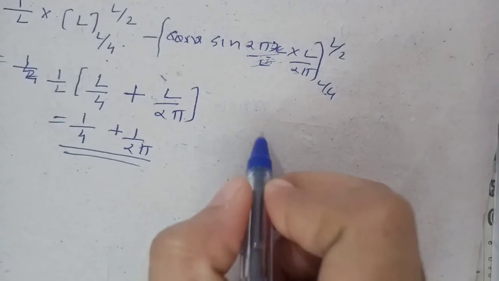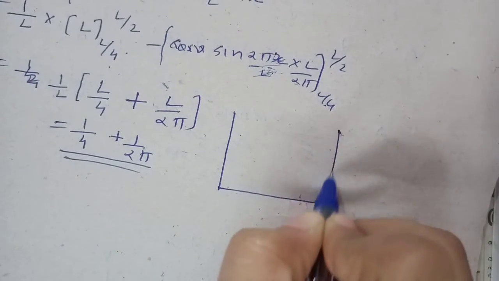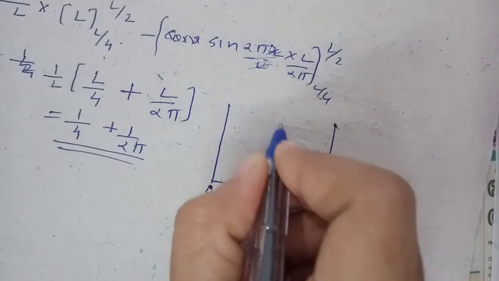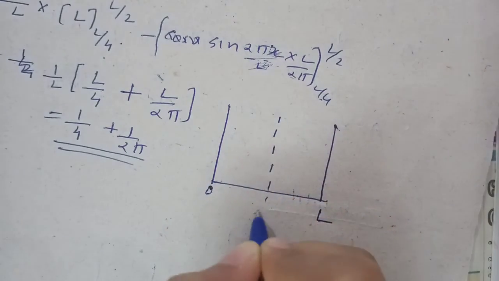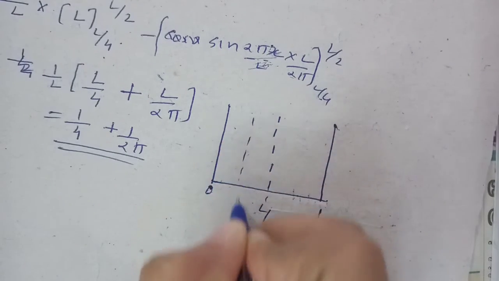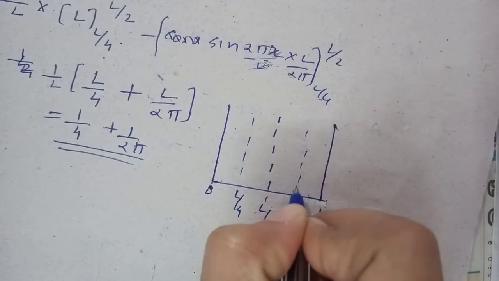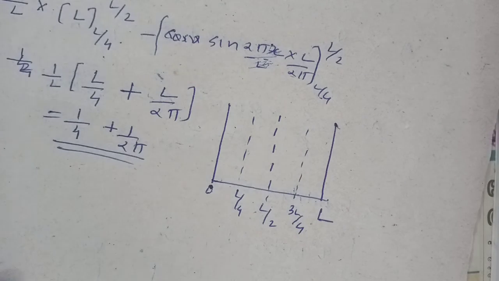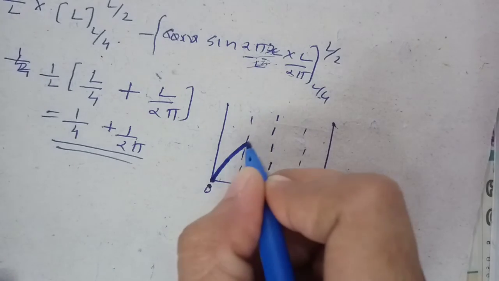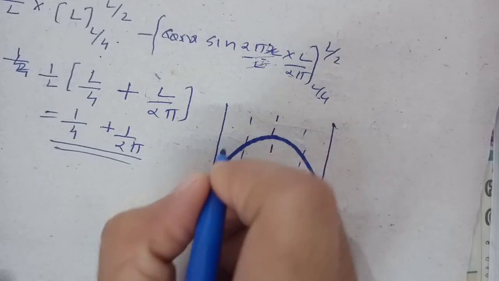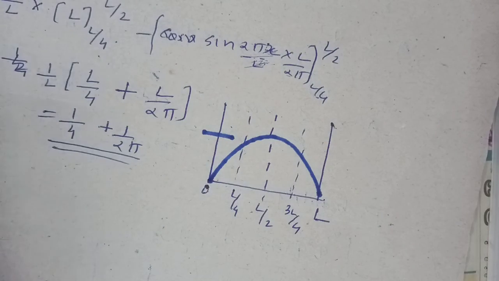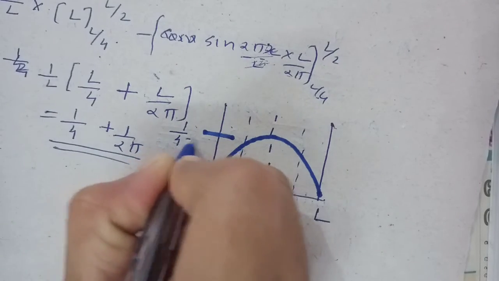So we have a trick to remember these probabilities. Consider a one-dimensional box from 0 to L. When we take half, that is L/2, and another half is L/4, here it is 3L/4. You have to remember the shape of the wave function. From 0 to L/4 the probability is less, so 1/4 minus 1/(2 pi).